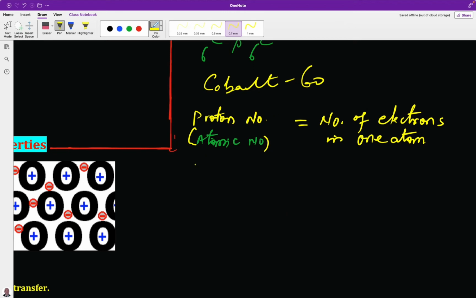The number of neutrons will be equal to the nuclear number, or what we call the mass number, minus the number of protons, the proton number.